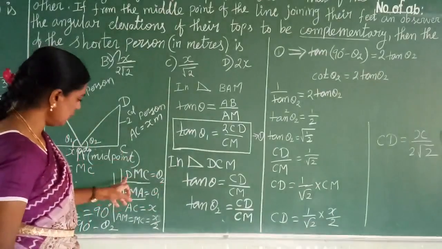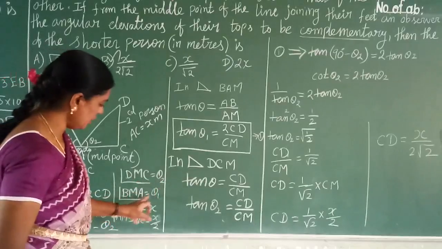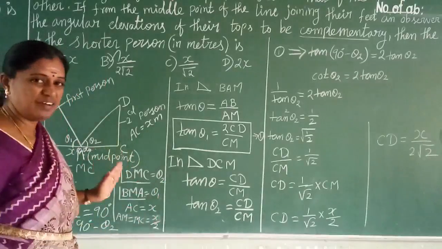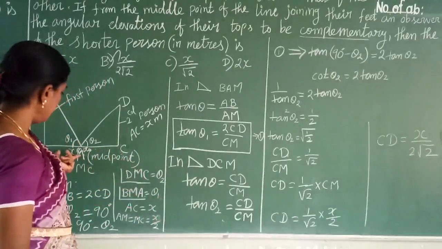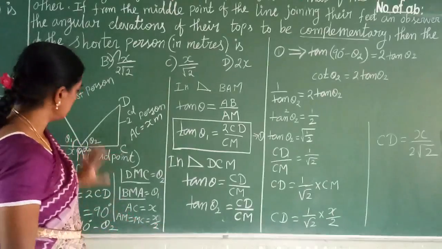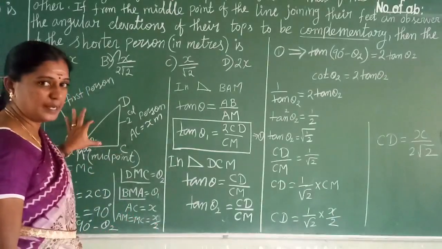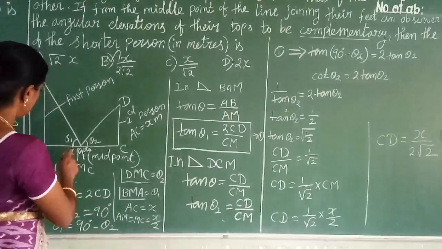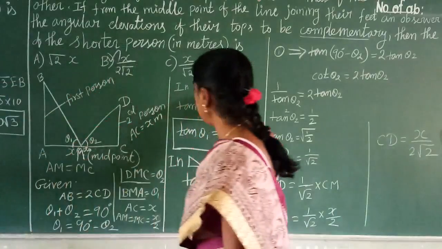Already the distance between the two persons is given as x, so AM is x by 2 and MC is x by 2. Clear? Have you understood the question and the diagram? Now you select the triangle. Which triangle do you select? BAM.